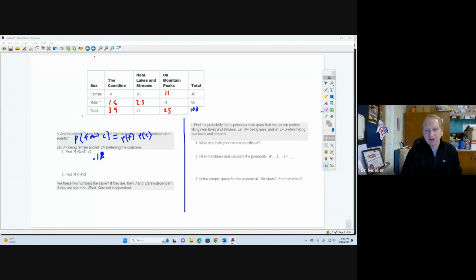All right, let me write that a little nicer. And then let's find the probability of F. That's the probability of a female, which is 45 out of 100, so 0.45.